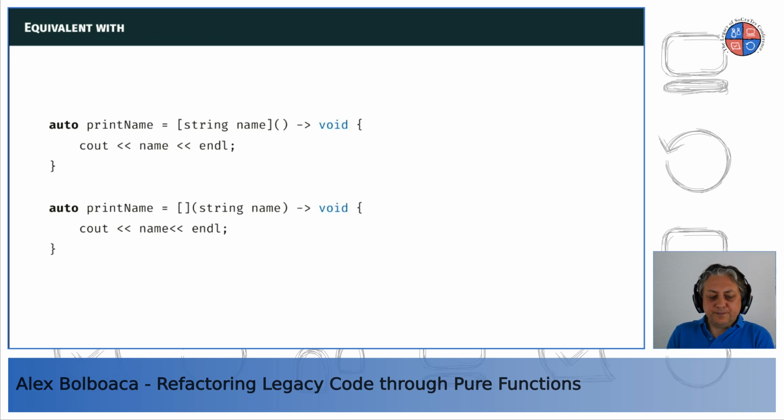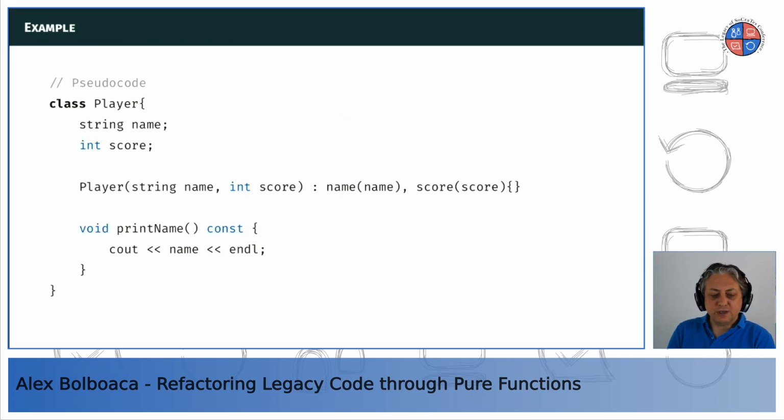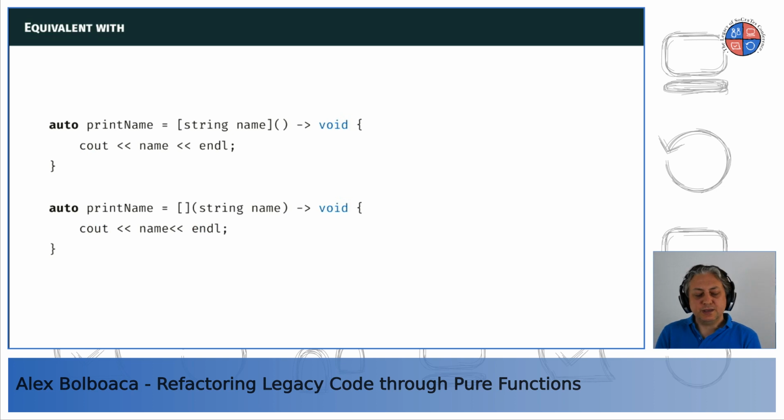You can do the same for the score, but for the score we don't have a specific action here. What this means is that if we have a lambda like this, we can encapsulate it quite easily and turn it into a member function by moving the name as a data member in the class. The print name becomes a function now. It doesn't receive name as a parameter, but uses the data member.